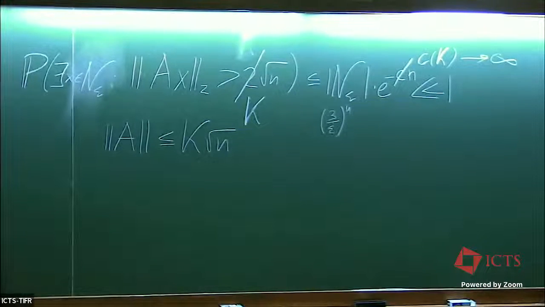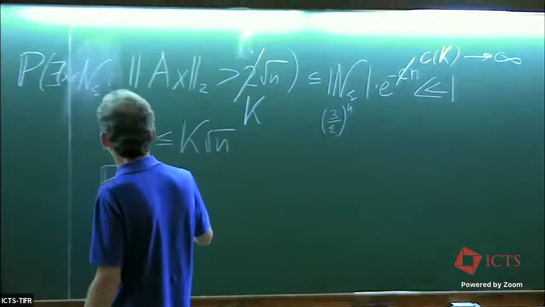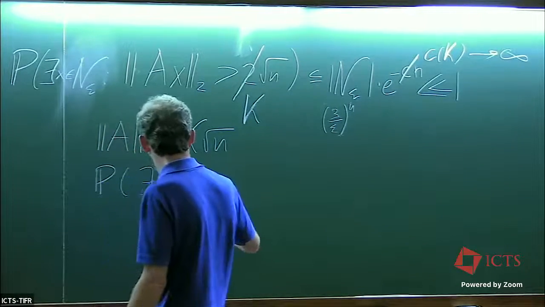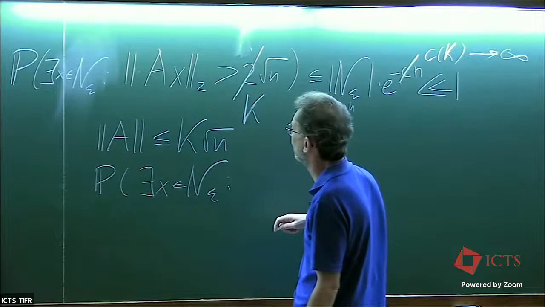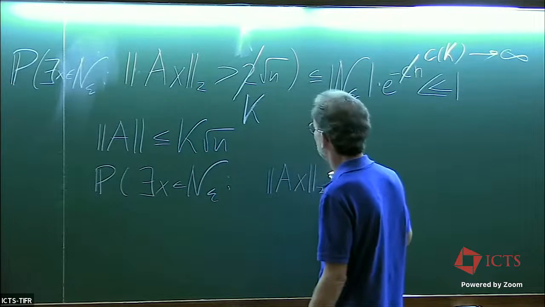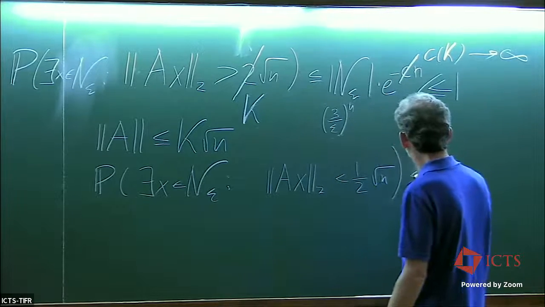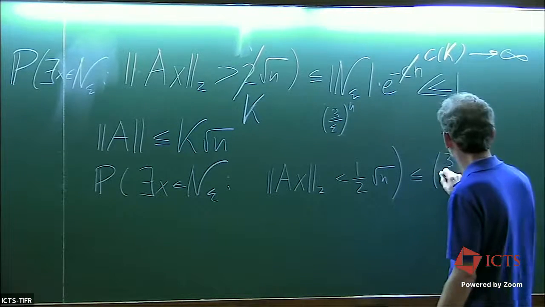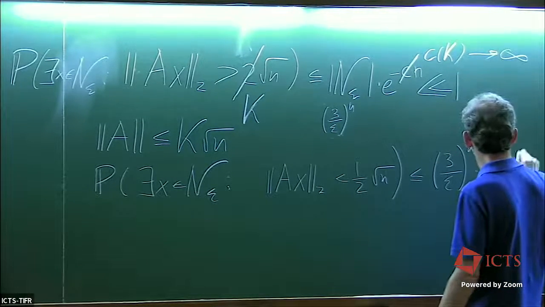Let's try to do the same with the smallest singular value. And again, we do the same: the probability that there exists an x in the epsilon net such that the norm Ax is less than 1/2 square root of n is less or equal than the cardinality of the net, 3 over epsilon to the power n, times e to the negative cn.